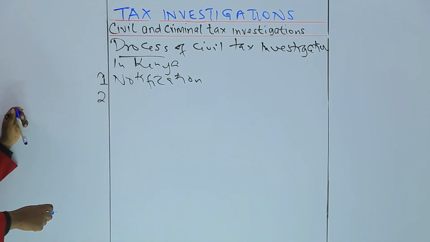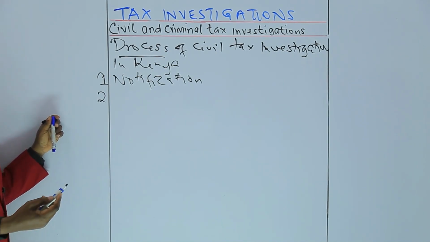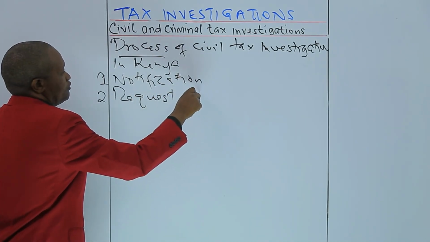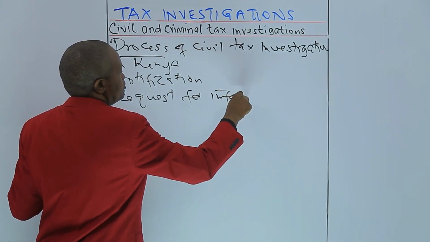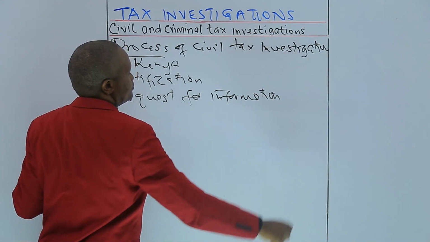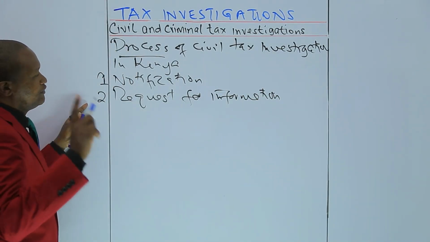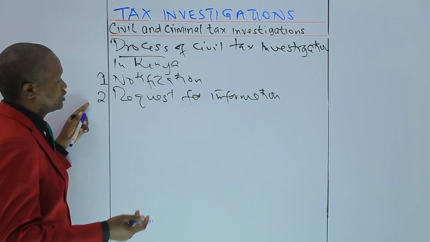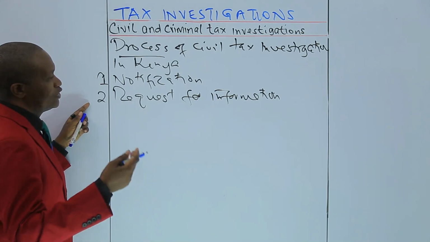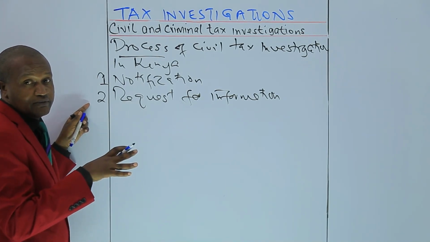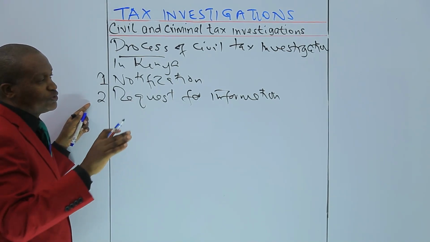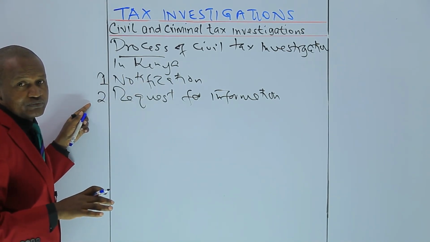step is for the Revenue Authority to request for information. Now, where the Revenue Authority suspects that a taxpayer has not complied with the tax laws, it requests information from the taxpayer after notifying the taxpayer of the intention to carry out an investigation.